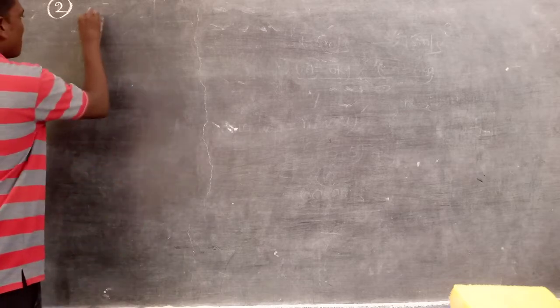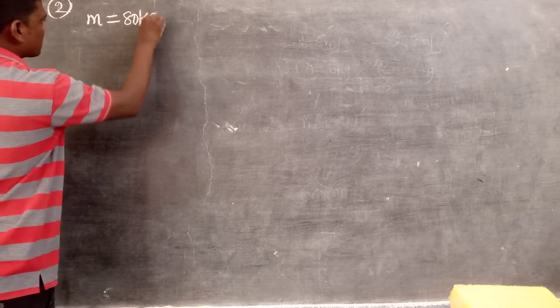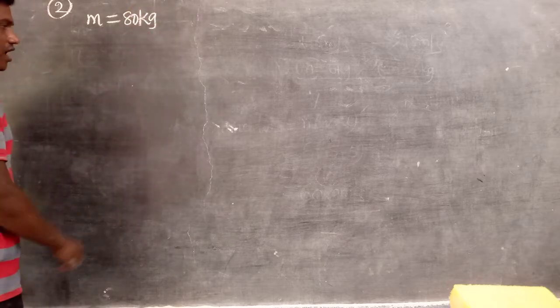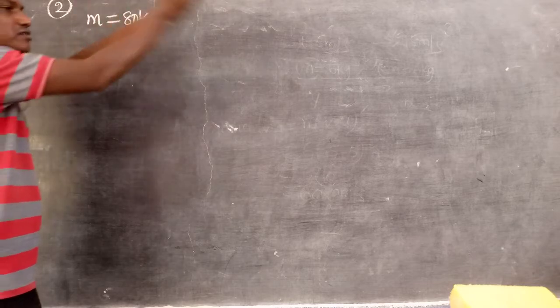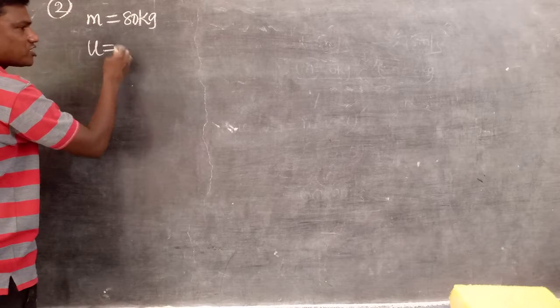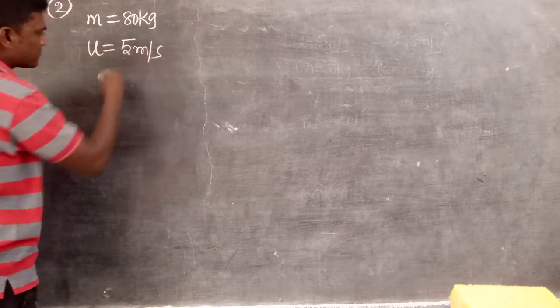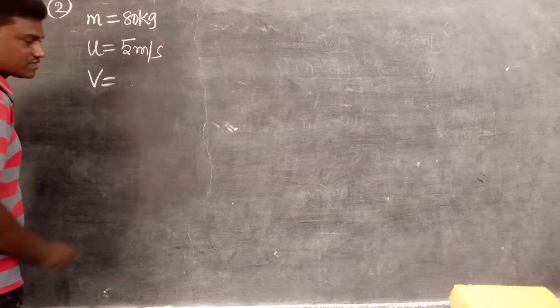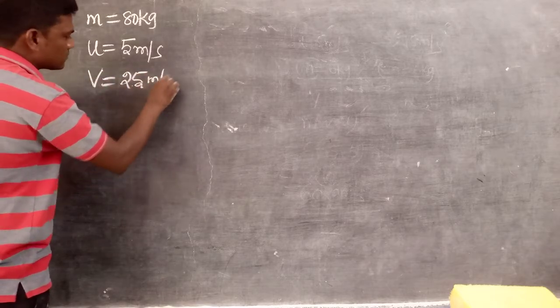In the second one, you are observing that the mass of the scooter is given, that is 80 kilograms. Its speed changes from 5 meters per second to 25. 5 is the initial velocity, and the final velocity is 25 meters per second.